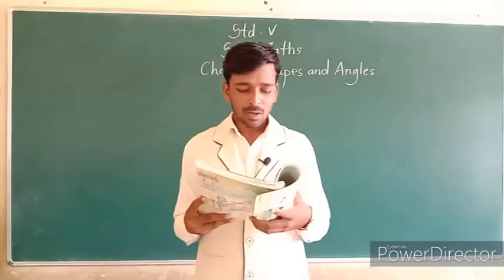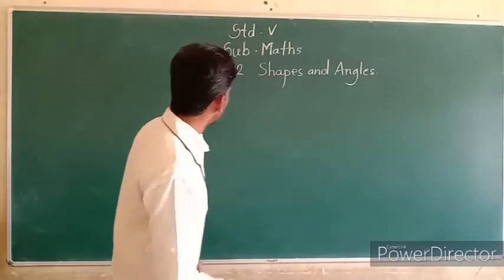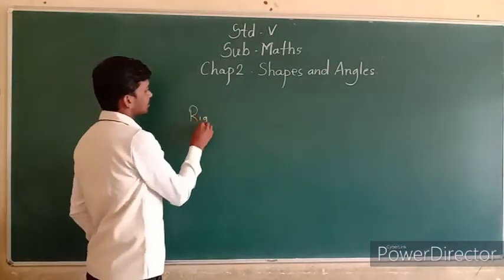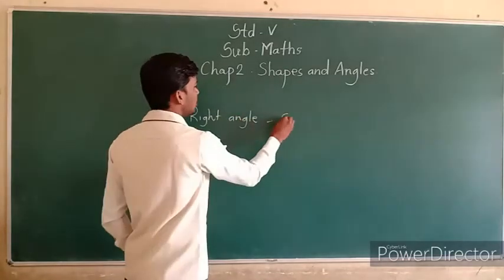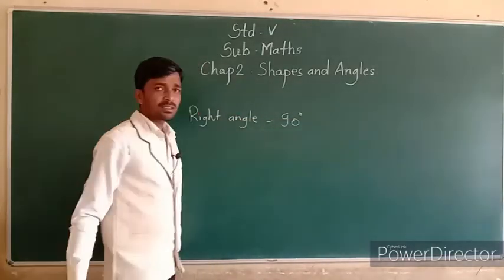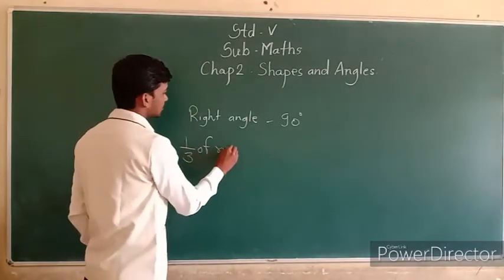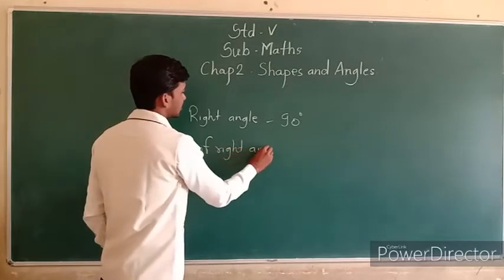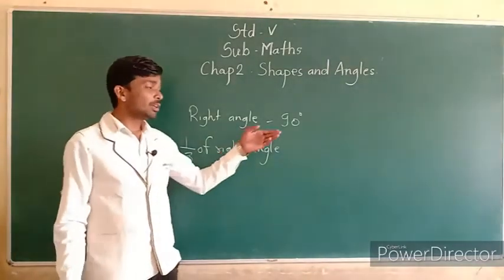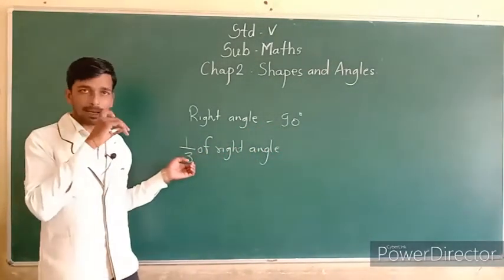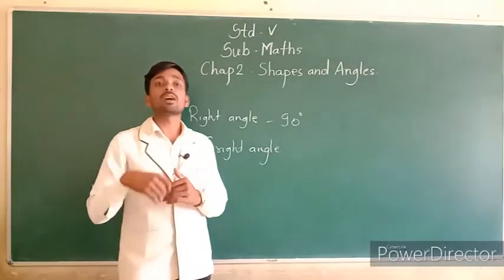Okay, second one, 1/3 of a right angle. First, right angle means 90 degree. And here we have to find 1/3 of a right angle. How to find 1/3 of a right angle? That is very easy. We can divide this 90 into 3 equal parts. 1/3 means what? 3 equal parts, and in the 3 equal parts you take 1.